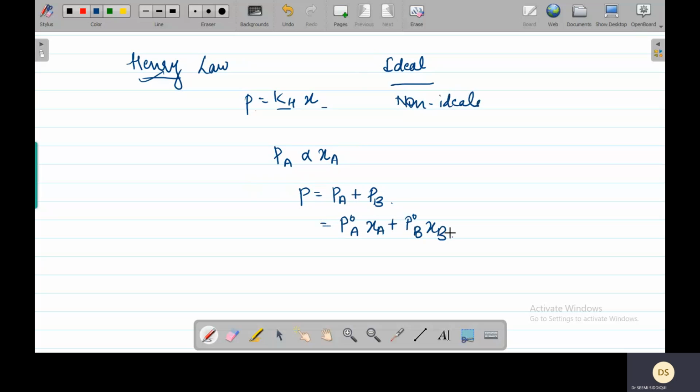For example, a mixture of methanol and ethanol, n-hexane and n-heptane, benzene and toluene, they all are going to obey Raoult's law. Now, what are the reasons behind the formation of an ideal solution?